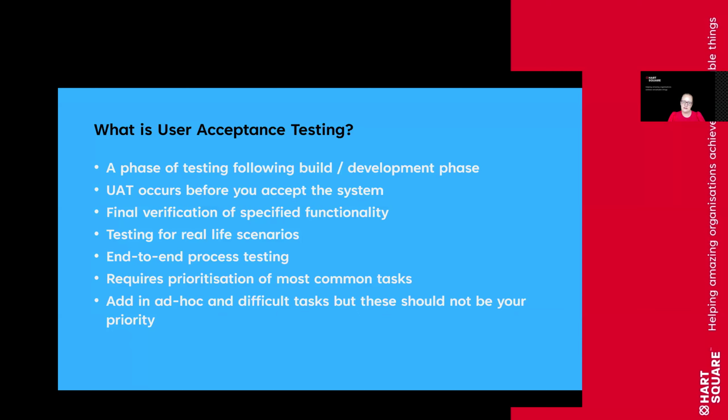It's the final verification to make sure that the specified functionality is what you expected and does what was planned. So you're testing for real life scenarios, thinking about the end-to-end process to make sure there aren't any bits that get missed along the way.